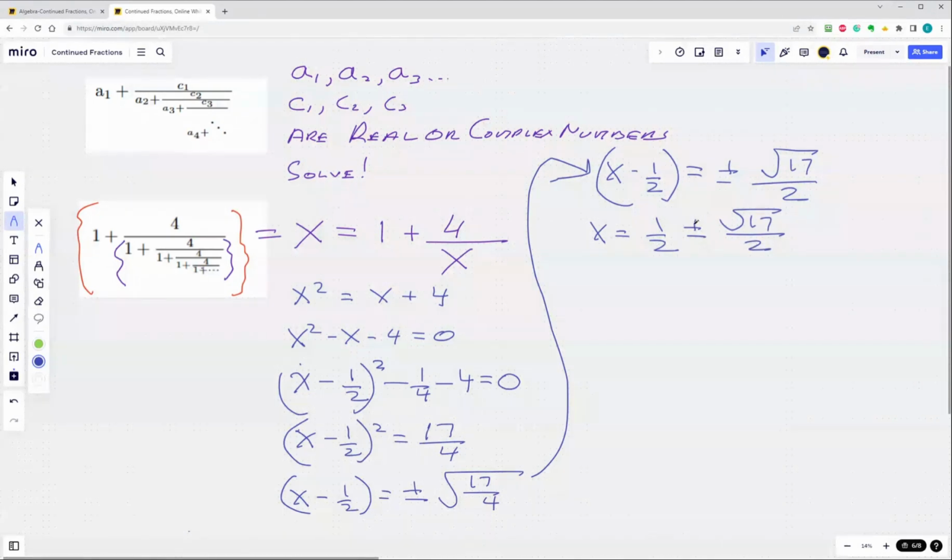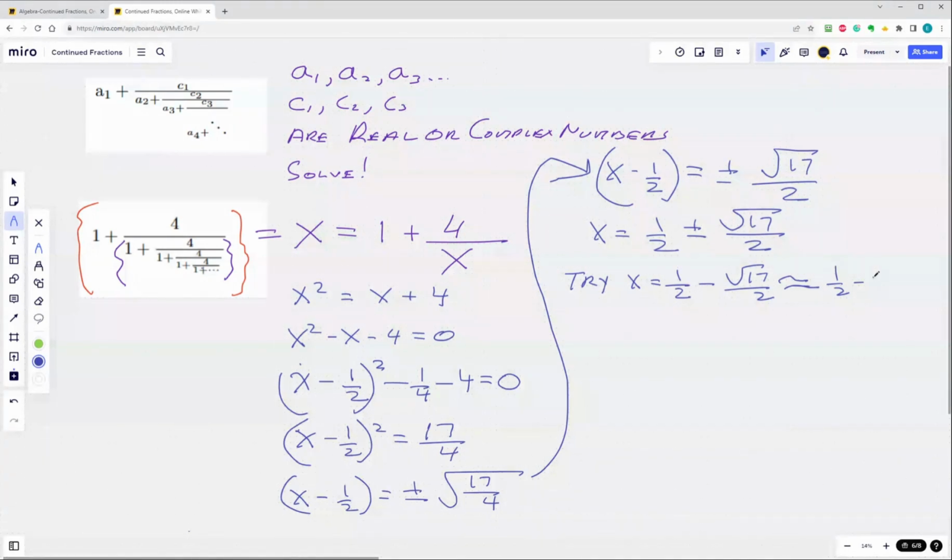But now we notice very quickly that x cannot be negative, because x is equal to a whole bunch of positives. It's 1 plus 4 plus, there are no negatives here. So if we take a half and subtract root 17 over 2, well, root 17 is slightly more than 4, and 4 over 2 is 2.